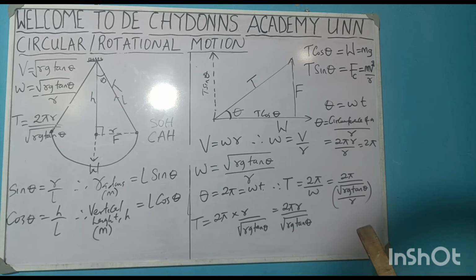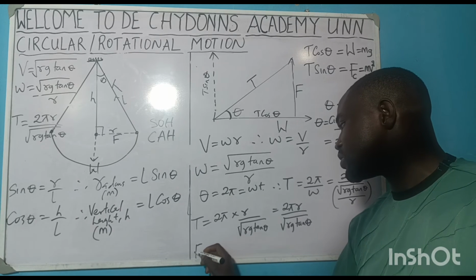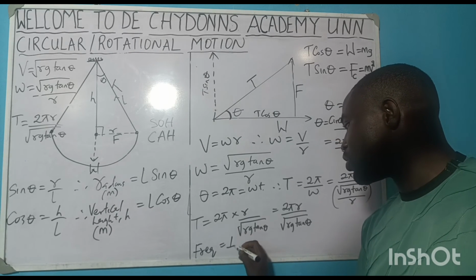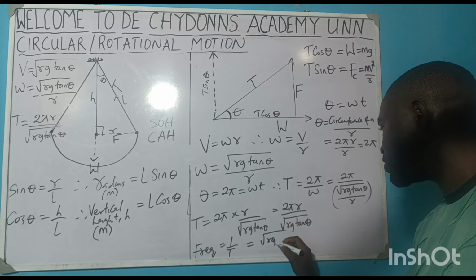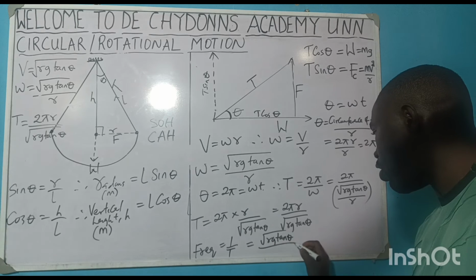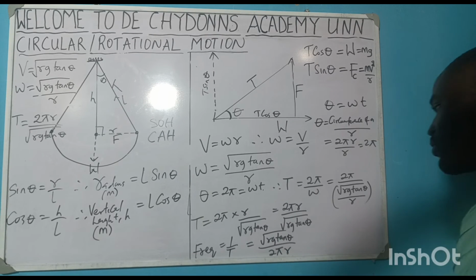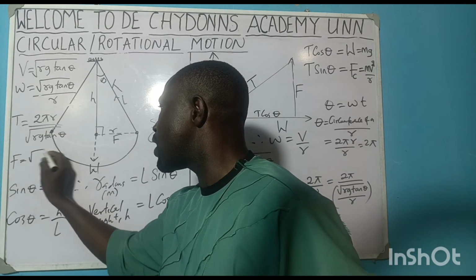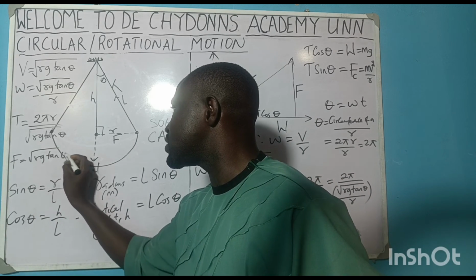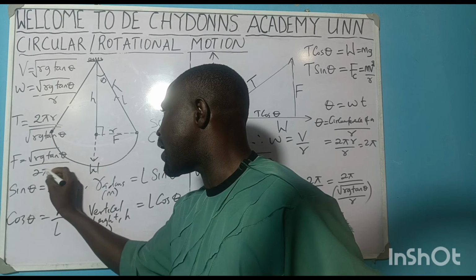Yes. Then, since we have the formula for the period, what about the frequency? Frequency will be equal to 1 over the period, which is the square root of Rg tan theta all over 2 pi R. That is the inverse of this. So F is equal to the square root of Rg tan theta all over 2 pi R.